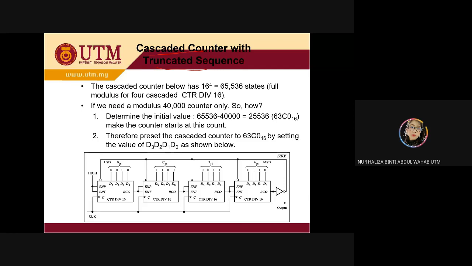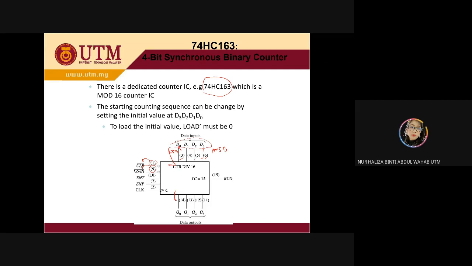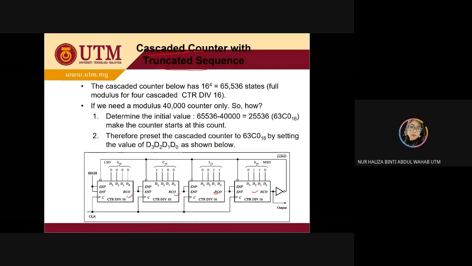If you have this type, as I mentioned yesterday, you're going to have 1, 2, 3, 4 counters, and you combine them together. How many stages are available?